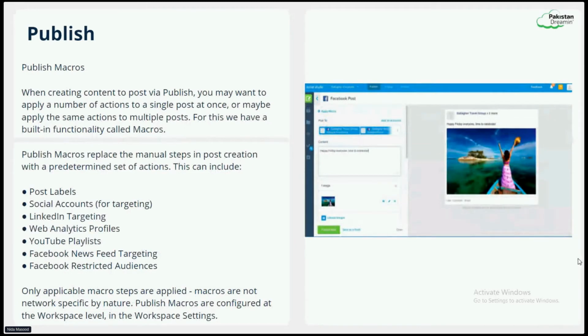Publish macros are basically replacing your manual steps in post creation. For example, if you are creating a Facebook post, as soon as the post is published, your labels will be applied accordingly to that post. You can have analytics profiles published, and then different publish macros.